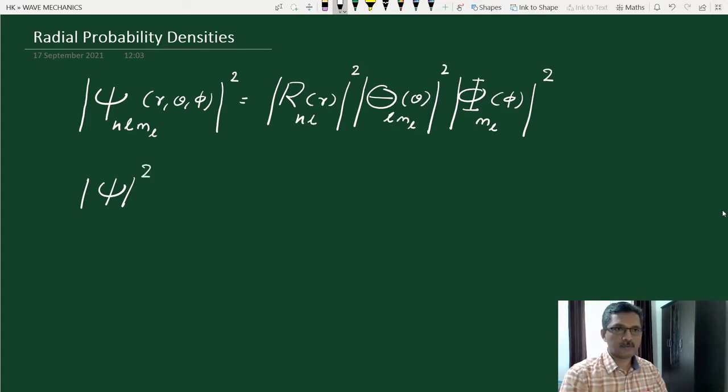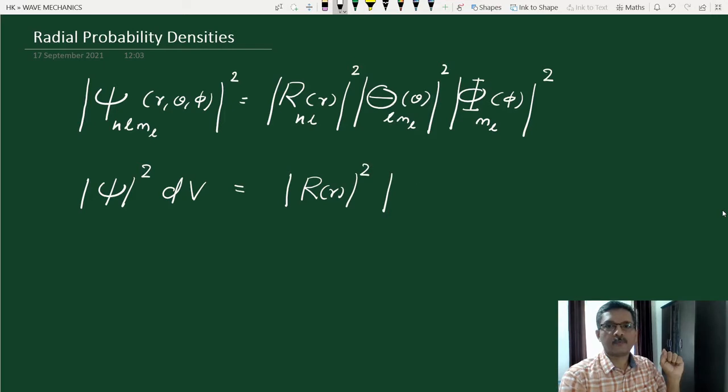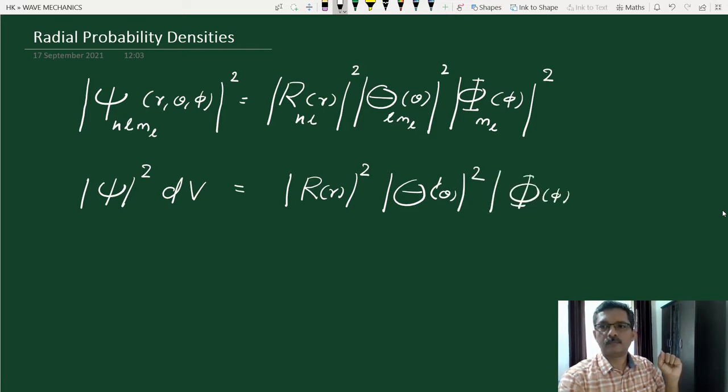So if we want to find the electron in a volume element dV, what is the probability of that? It is psi square dV, probability per unit volume times the volume element dV. So this is R square times Theta square, where Theta depends on small theta, times Phi square, multiplied by the volume element.